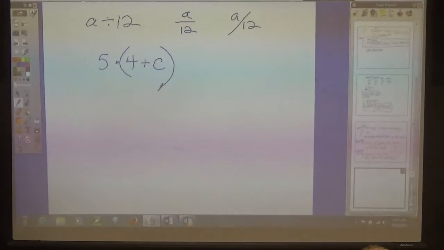Go to the quick check at the bottom of the page. Here's an example of how you would use this in real life. So, you're buying bagels at the store and they cost 50 cents each. Write a variable expression for the cost of B bagels.